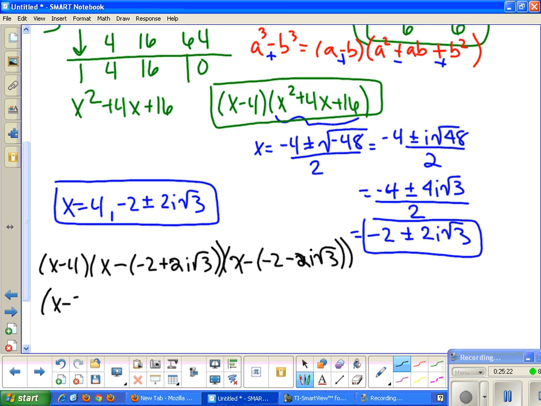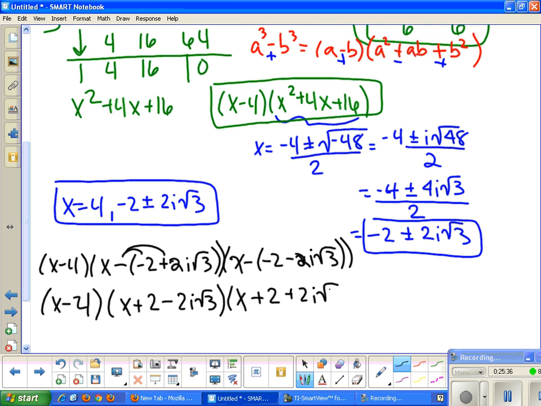So this would be x minus 4 times x plus, because I'm going to distribute that negative sign, 2 minus 2i root 3, and x plus 2 plus 2i root 3.